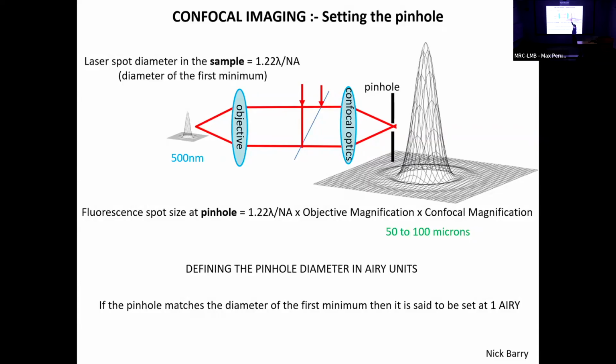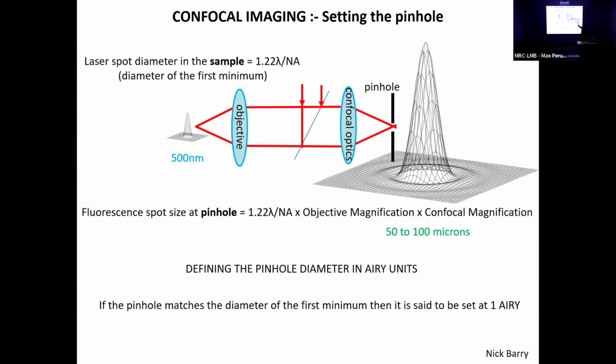The size of that pinhole is effectively determined by the magnification of the objective, which might be 60x, 100x, and the magnification of all the optics in the confocal scanner. That ends up being a much more usable number, like 50 to 100 microns. So this is something that we can feasibly adjust to match the properties of the light we're using.